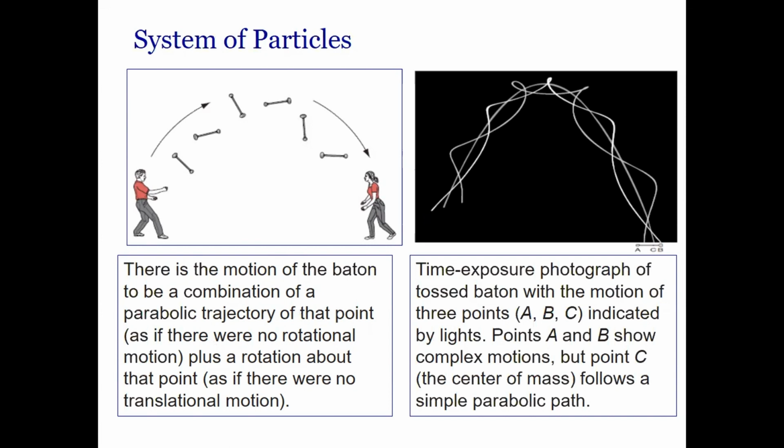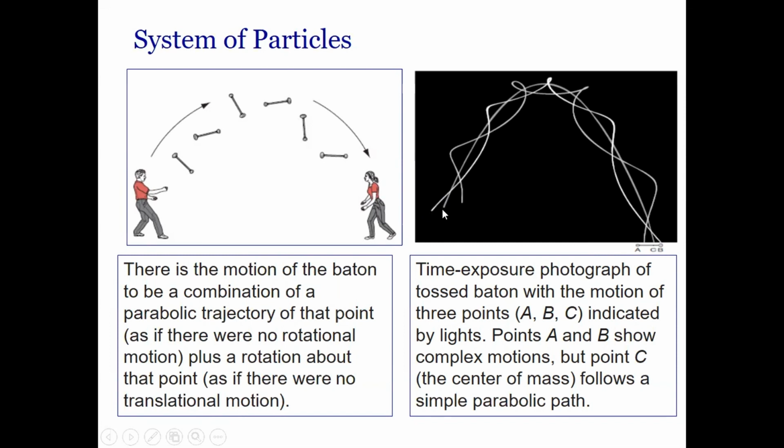Now, we have a time-exposure photograph of this tossed baton with the motion of three points, A, B and C, that are indicated by lights. The points A and B show a complex motion. This is the point A and this is the point B, and C is the center of mass.